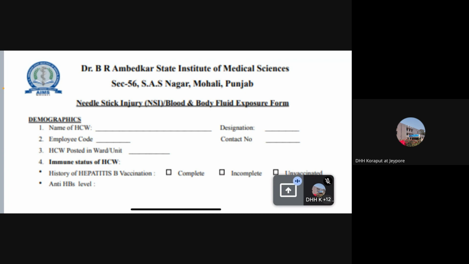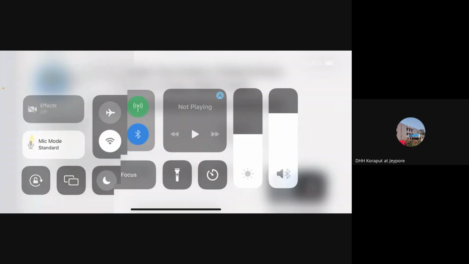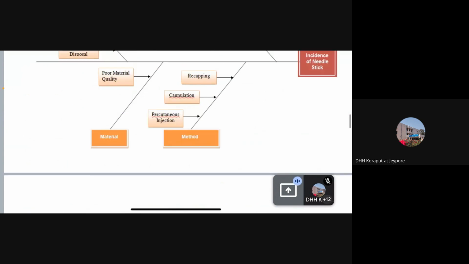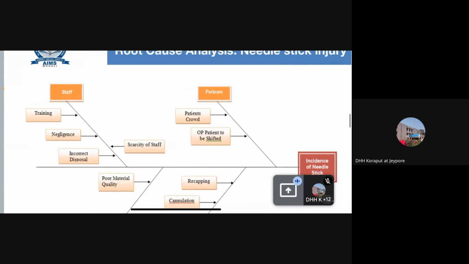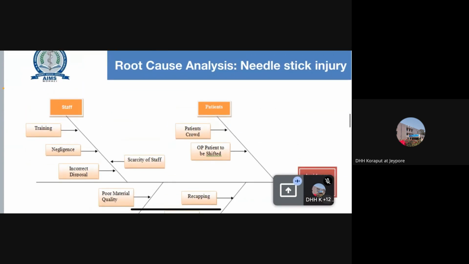And once this data is collected, the second point is that from this information we will try to make a root cause analysis. Because we have asked how the injury happened, and to whom it actually happened, whether he was a nursing intern or a senior doctor. Then we also ask what shift it was, whether it was daytime or morning time.